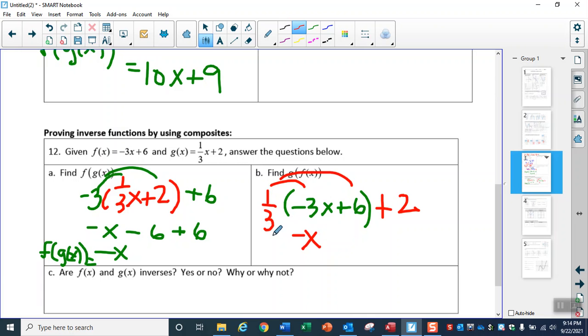And then 1/3 times 6 is going to be positive 2. And then I've got a plus 2. So this is g of f of x equals negative x, and then 2 plus 2 is 4.